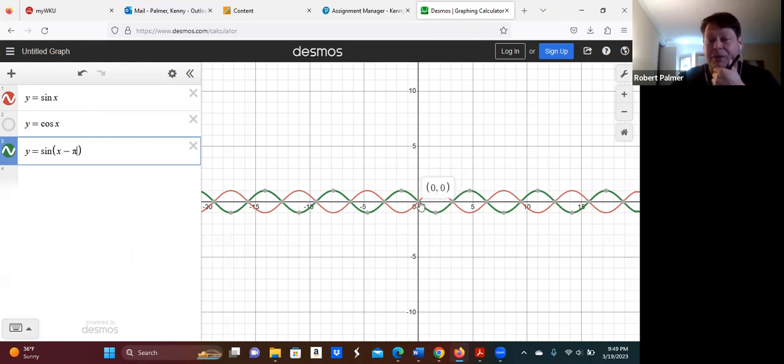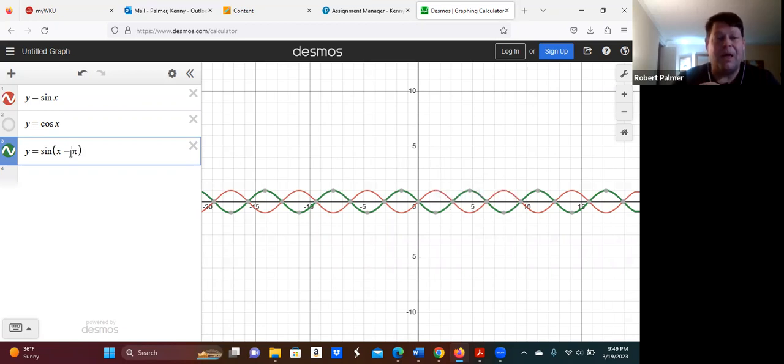So this pattern on the red graph started at 0, 0, and now this cycle starts at pi. It's essentially delayed. It completes that same cycle over 2 pi as well. This doesn't change the period. Now it goes from pi to 3 pi, but it starts pi units later.